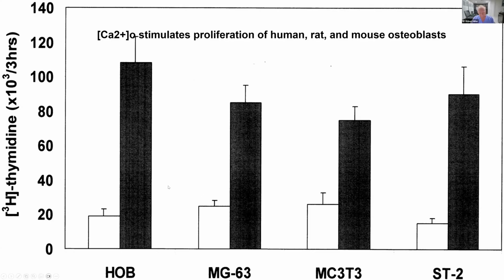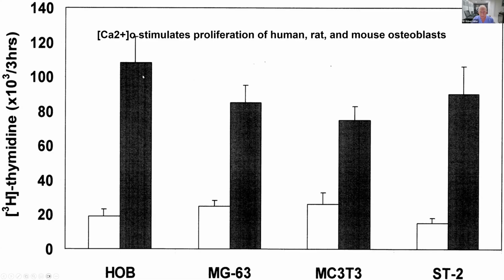Now, this is an orthopedic study, and this white column represents the culture without calcium. And the HOB, that's human osteoblast, the MG63 line, which is an osteosarcoma line that we use in a research laboratory to test osteoblast activity, and then our mouse and rat osteoblast. No calcium, the white column is how many osteoblasts are present.